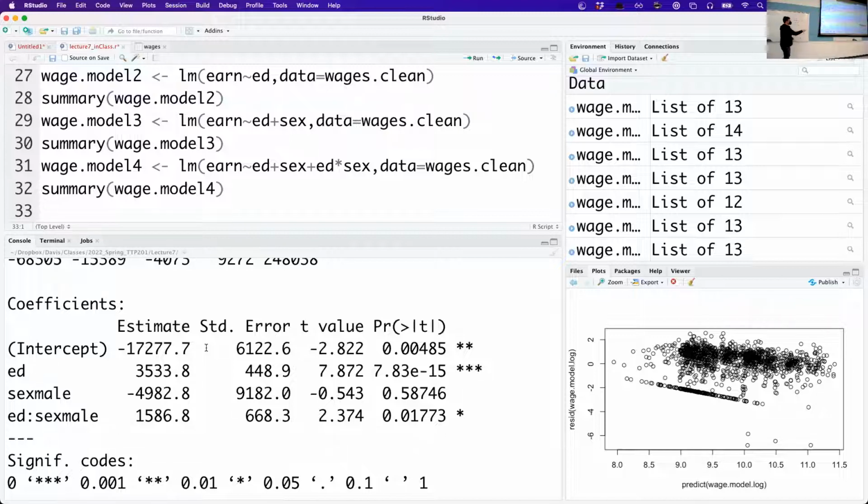You'll notice that in the interaction term, one of these is continuous, one of these is a categorical dummy variable. So this is referring to the categorical value that this applies to.